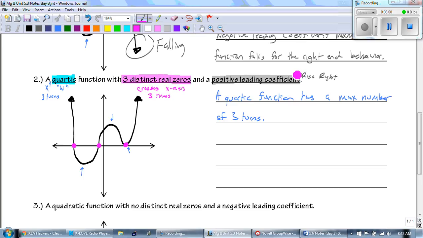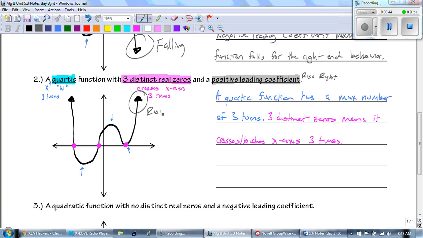Now, I could have 4, but that's the max number. So this one has 3. So 3 distinct zeros means it crosses or touches the x-axis 3 times, which it does.